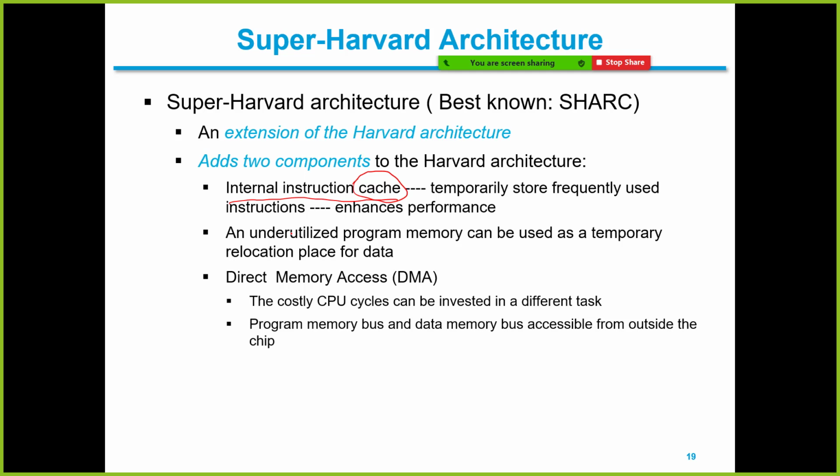We have a cache as an internal component in the CPU, to store frequently used instructions. In that way, we don't need to get the instruction from the main memory many times, so it can save time and increase processing speed. So we already talked about this cache.